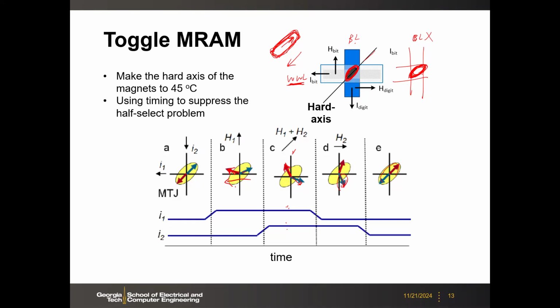And then finally, you are going to completely flip. So it depends on the timing. You can gradually flip the direction. So for the other half-selected cell, because you only have one of those currents, you will not be able to fully flip. So this is how you mitigate this problem.